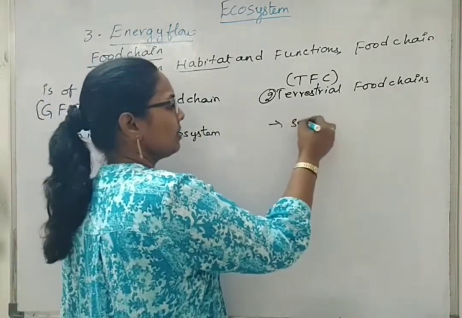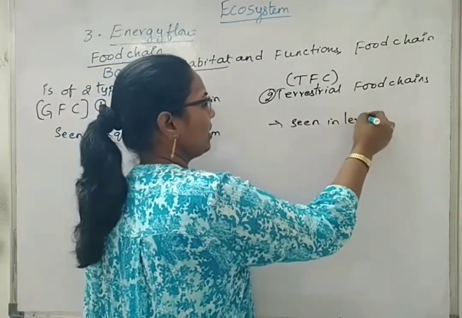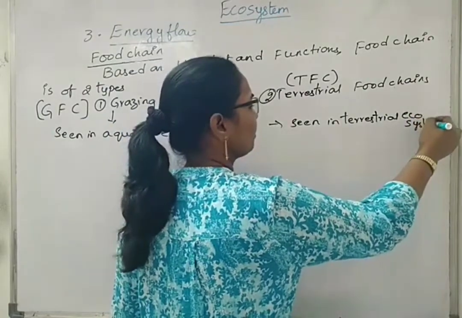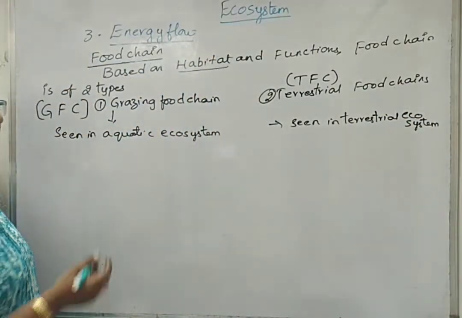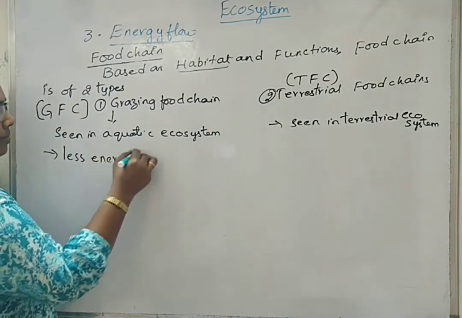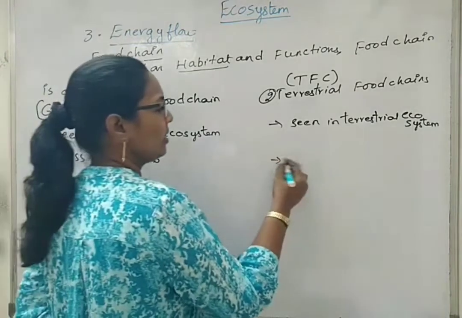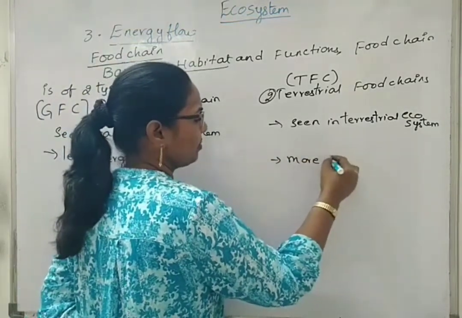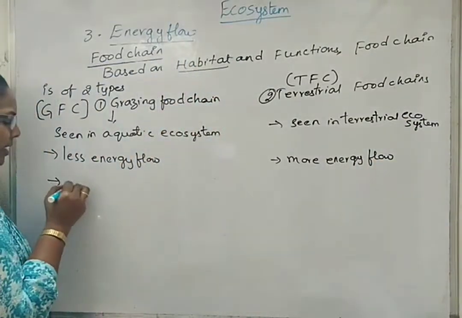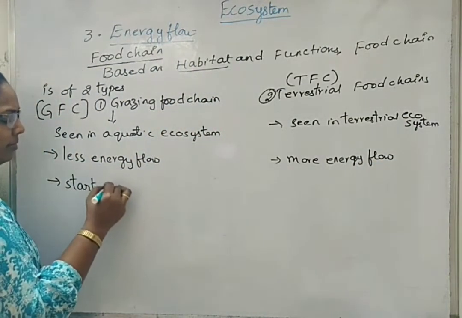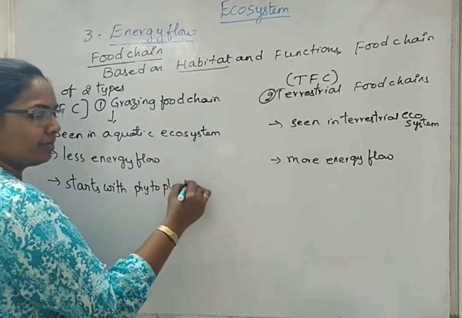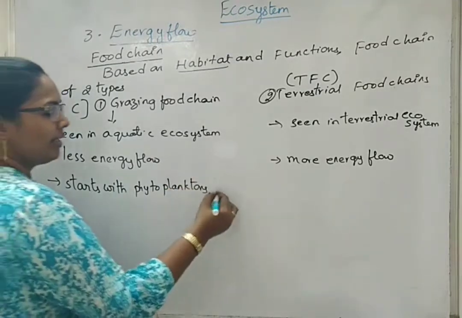Terrestrial food chains are seen in terrestrial ecosystem. Here there is very less energy flow. But here there is more energy flow. It starts with phytoplanktons and plants.